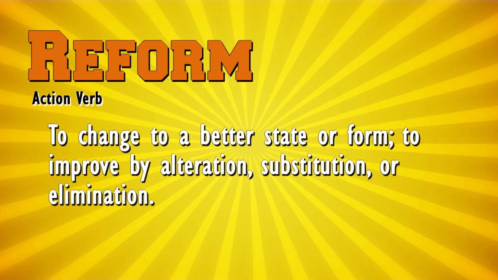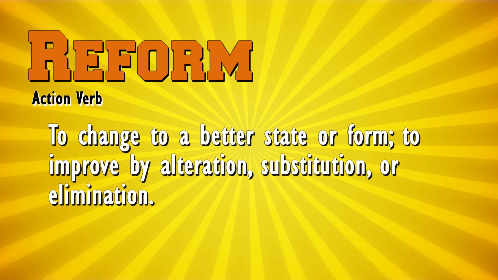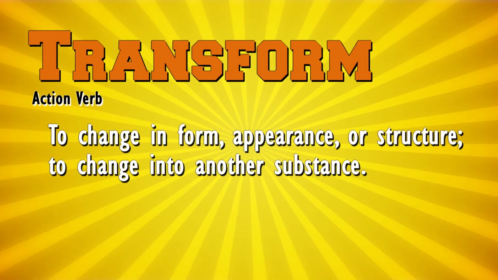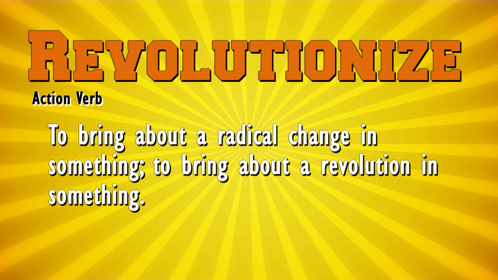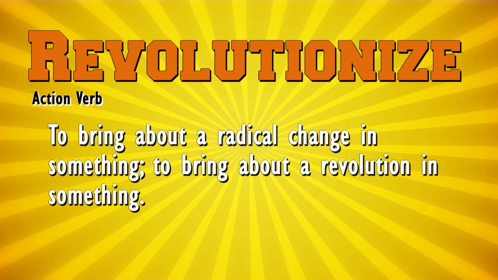Reform means to change to a better state or form, to improve by alteration, substitution, or elimination. Transform means to change in form, appearance, or structure, to change into another substance. Revolutionize, to bring about a radical change in something, to bring about a revolution in something.